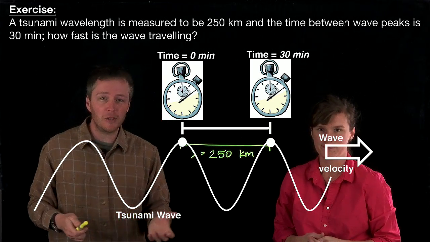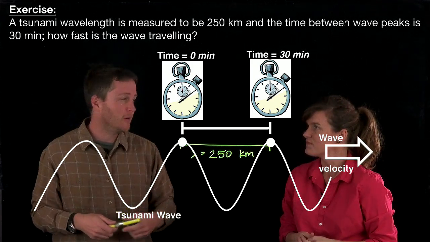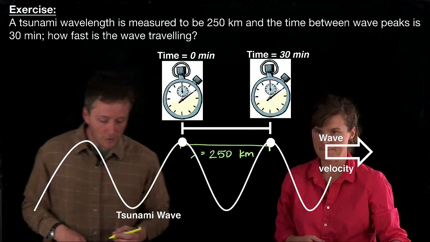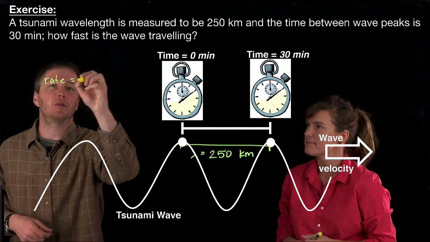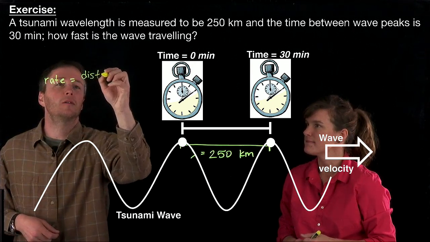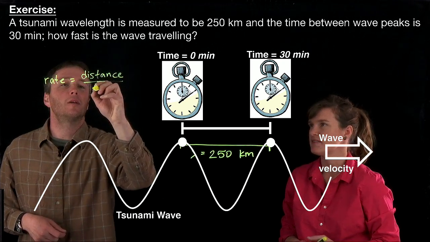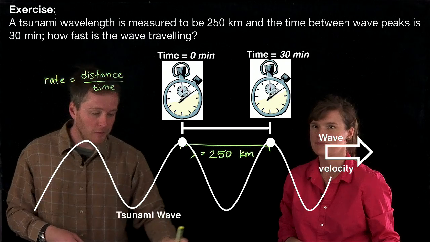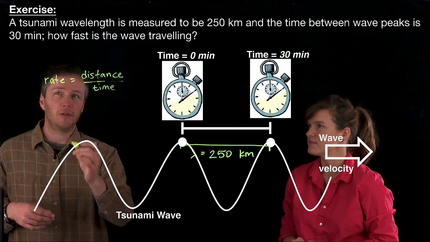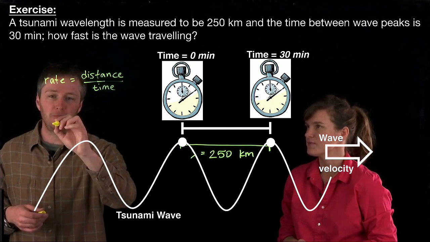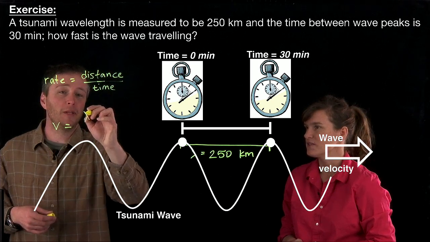Let's write the rate equation out, but in terms of our wave properties. We know that the rate is equal to the distance over time. So instead of rate, we'll say velocity. For our distance, we'll have lambda, or the wavelength.